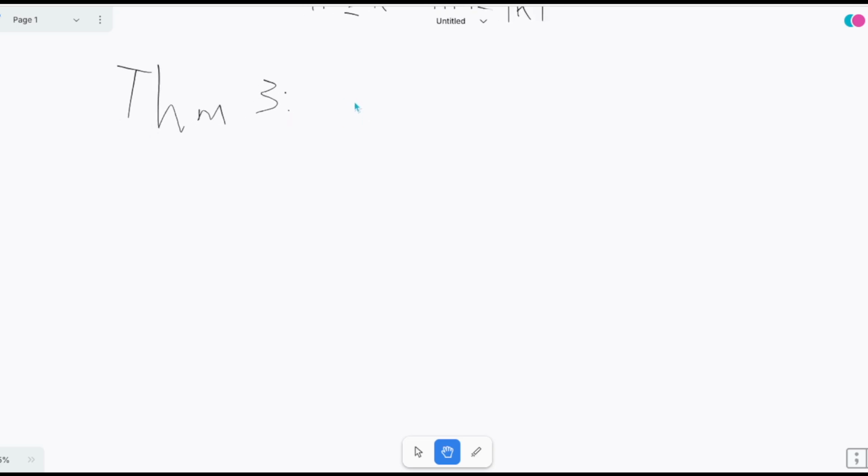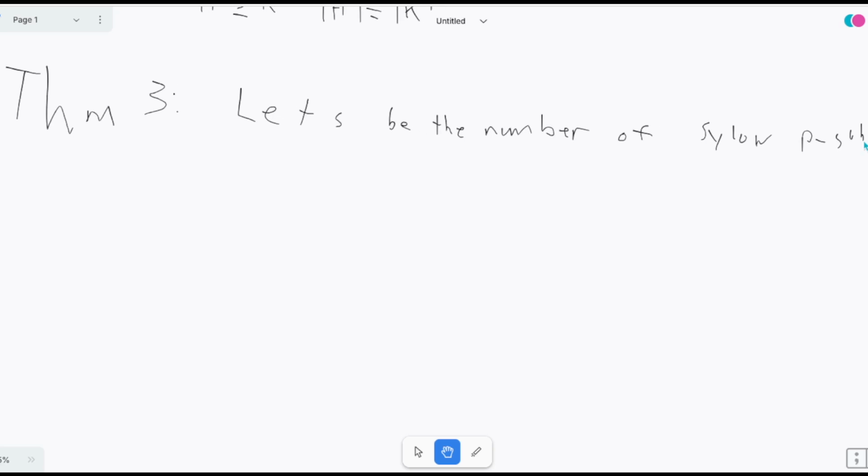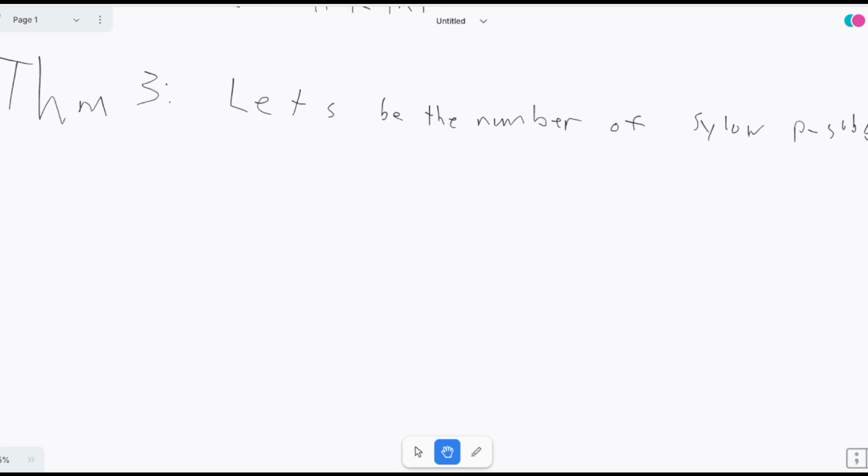So this is the last Sylow theorem. Let S be the number of Sylow P-subgroups of G as usual.